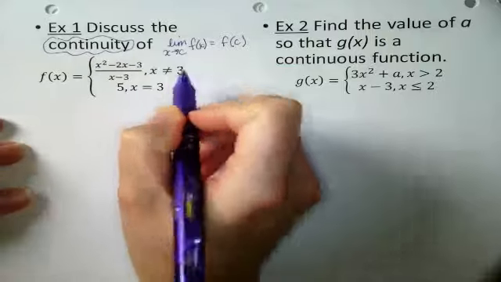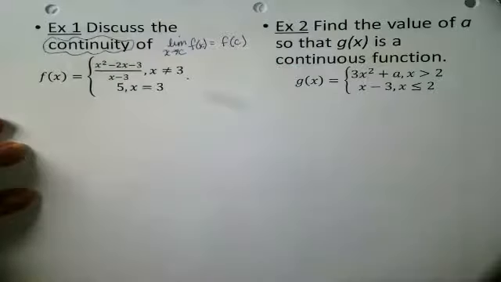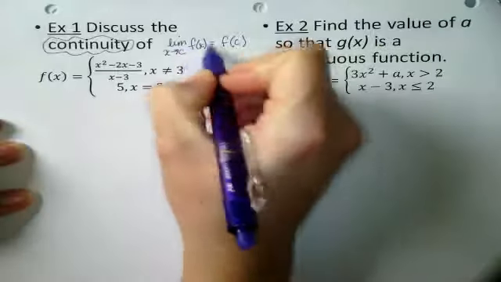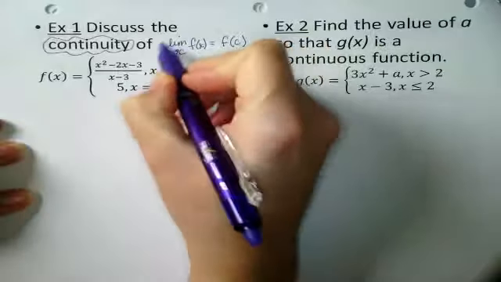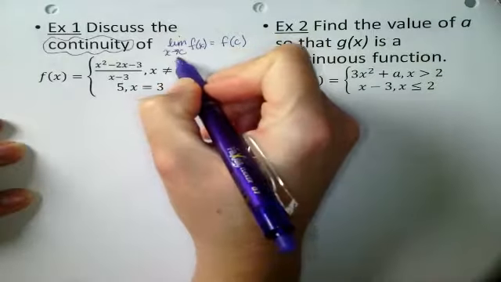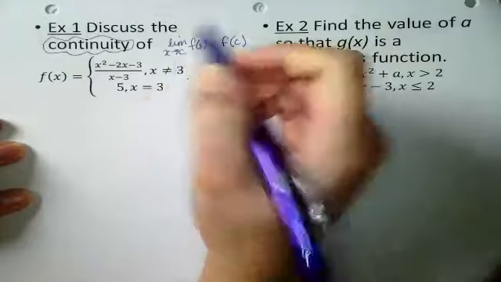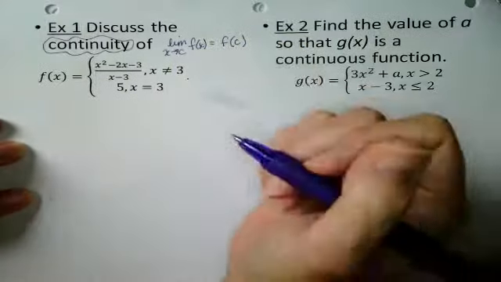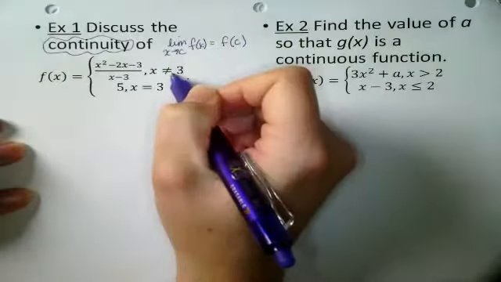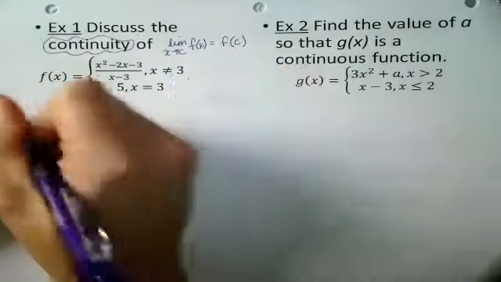Kind of interesting. What we need to look at first of all is the limit of our function, and that limit has to exist. In order for that limit to exist, it has to work from the left and the right. Well, let's see what happens here.